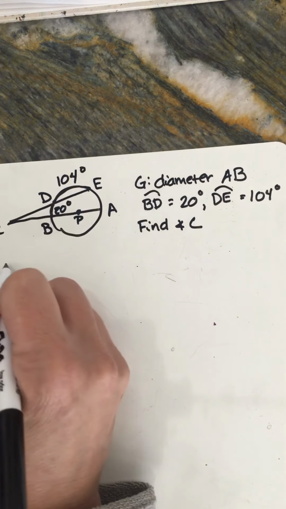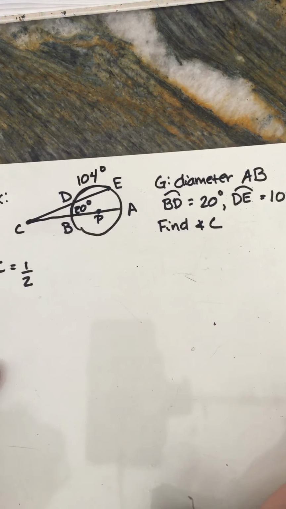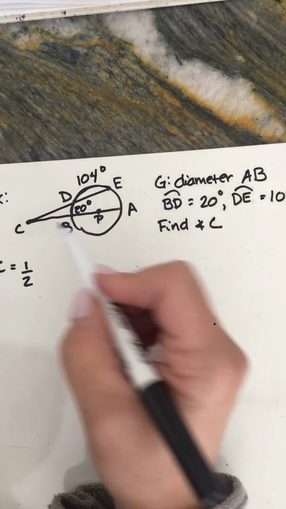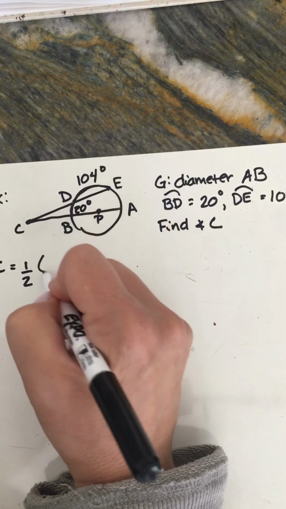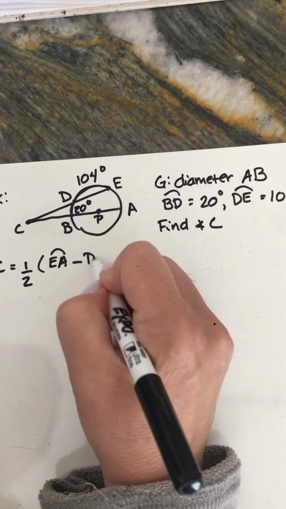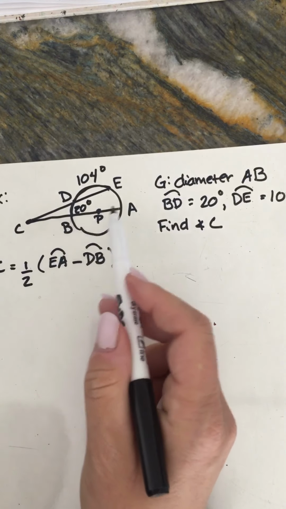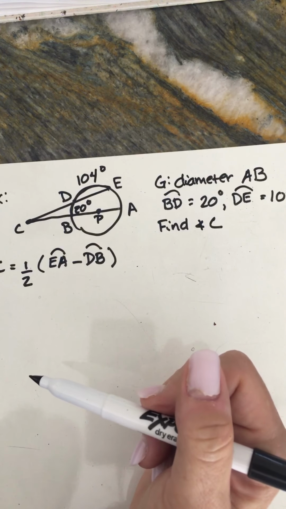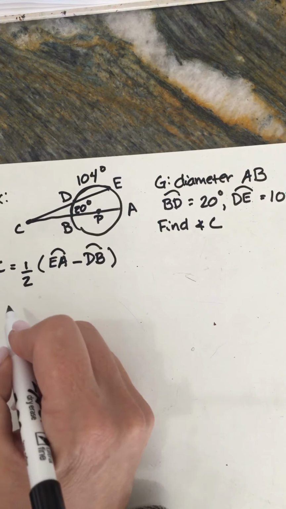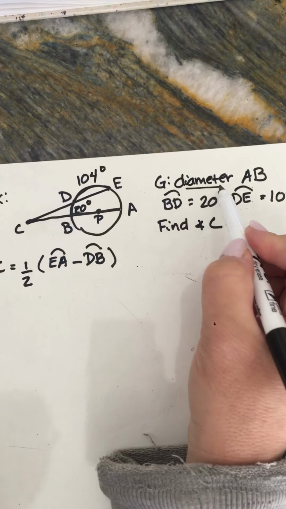So angle C is equal to half of the, now the vertex is on the outside, so this is going to be a difference. So arc EA minus arc DB. We know arc DB, we do not know arc EA. We can find it though. Here's a diameter, right? They tell us it's a diameter.